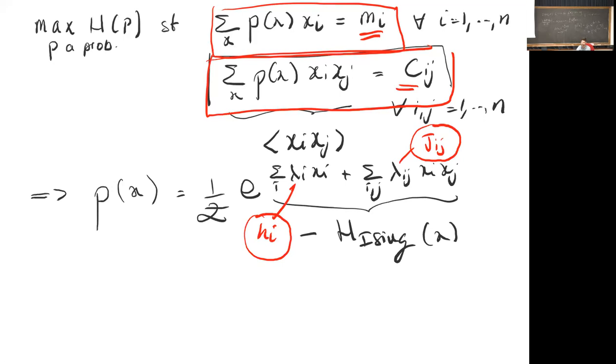And it has a name, and there is a whole line of research in statistical mechanics about that. It is called the inverse Ising problem.